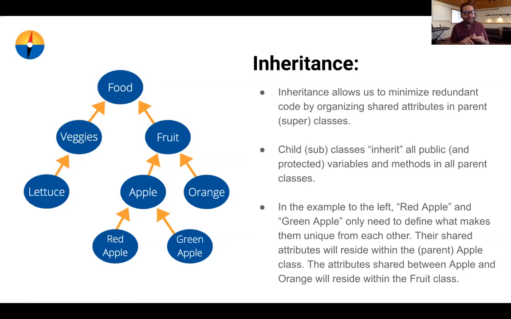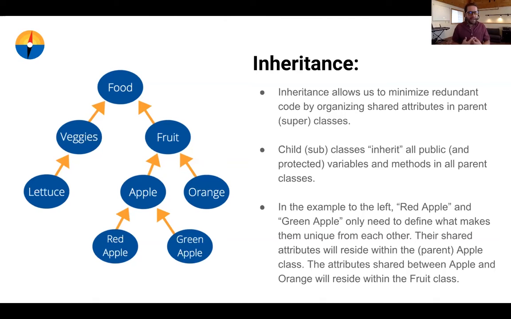So any of the attributes, variables, methods that are in either the fruit class or the food class are accessible directly to the apple class, as though those variables or attributes exist in the apple class, right? An apple is a fruit, an apple is a food, and so an apple has direct access to all the public and protected attributes in those classes.